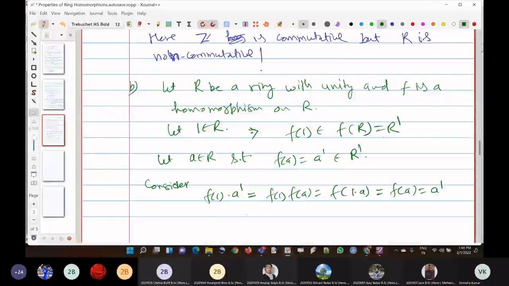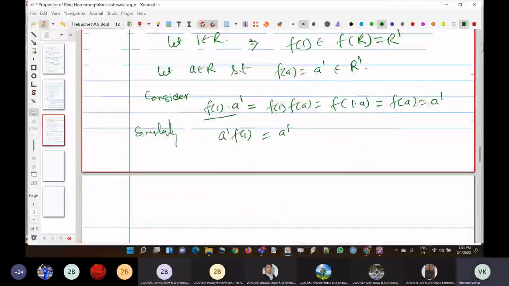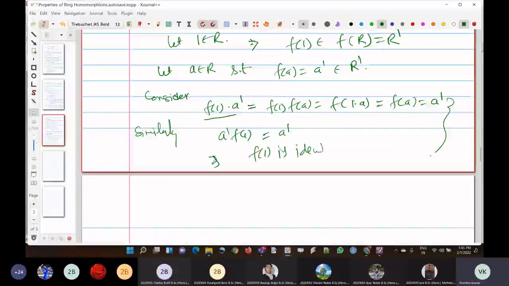So f of 1 times a dash equals a dash only, and similarly a dash times f of 1 equals a dash. Together these imply that f of 1 is the identity of f of R, that is R dash.